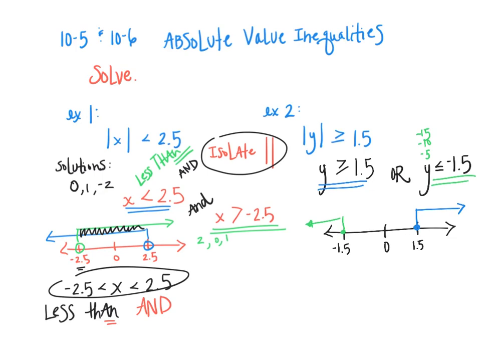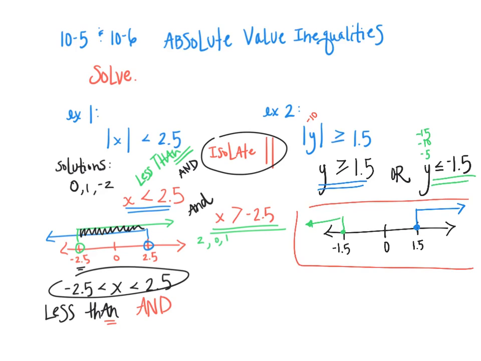Since it's an or graph, I include everything. So I have lots of different solutions because I just need a solution that works in one or the other. And remember, anything that you've shaded, you should be able to plug in, like the absolute value of 10 is greater than 1.5, and the absolute value of negative 10 is greater than 1.5.